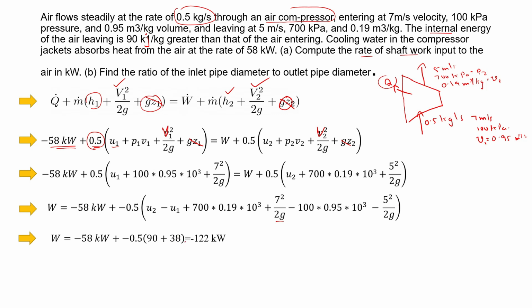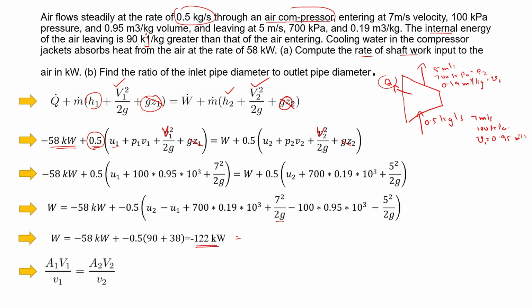Finally the answer is minus 122 kilowatt. This is minus because you are supplying work to a compressor. A compressor is not producing work, it needs work input, so work is supplied to the compressor, so it is minus 122.